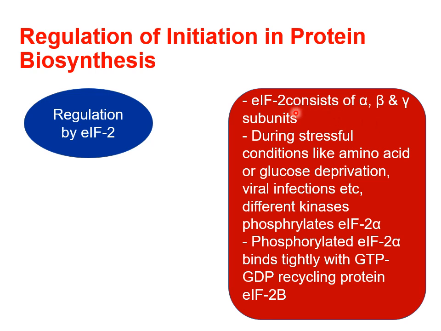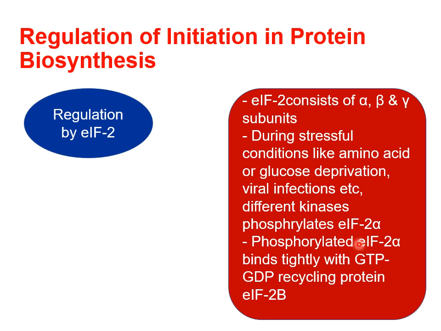The alpha subunit can undergo phosphorylation with the help of various kinases. During stressful conditions in the cell like amino acid deprivation, glucose deprivation, viral infections, heat shock, etc., the kinases get activated, which in turn phosphorylate the alpha subunit of initiation factor 2.